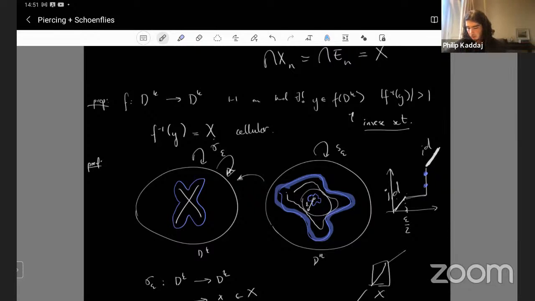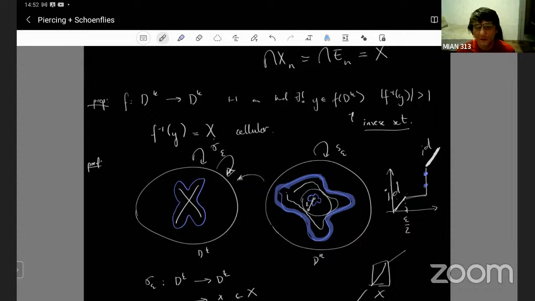So F is piecewise linear outside X, yes? So we can take these blue and white balls to be piecewise linear. Then we have a sequence of smaller and smaller blue spheres in the target. And between those spheres, we have annuli.